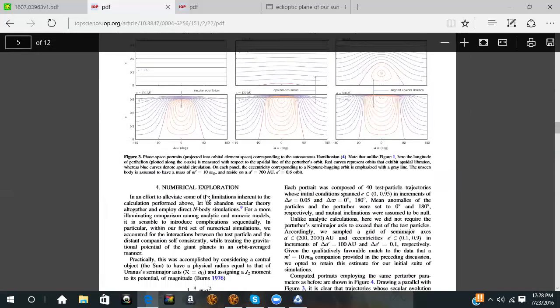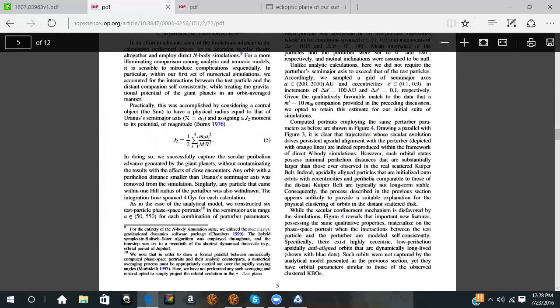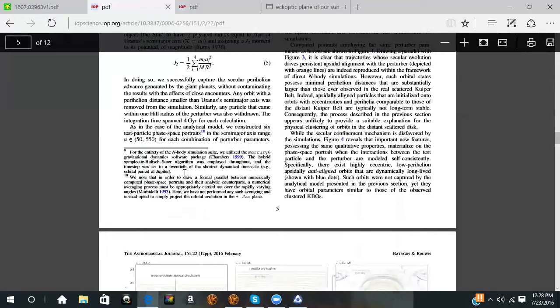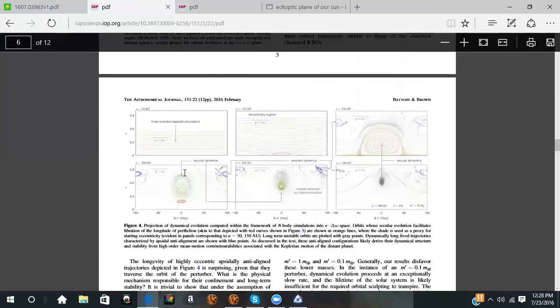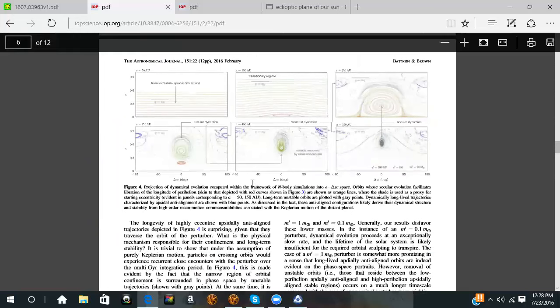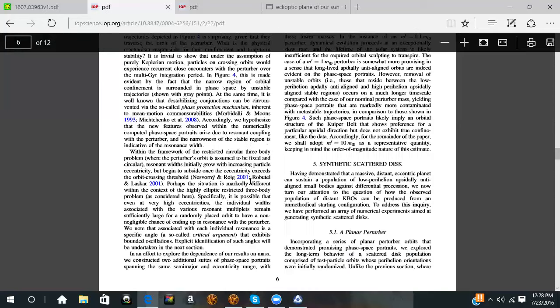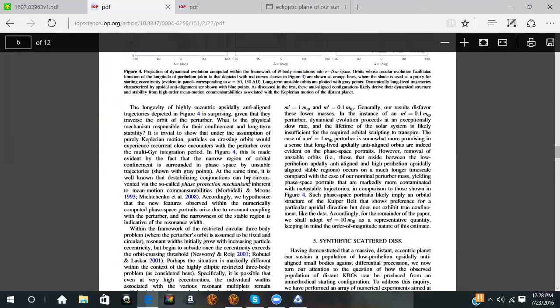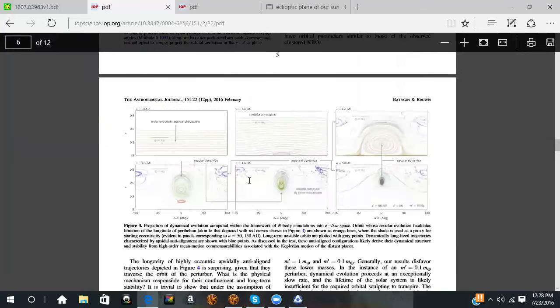So they know that the perihelion distance is about 250 astronomical units. So 250 times the Earth's sun distance. Some more charts showing you clustering and secular dynamics and gravitational pulls, things like that. I'll go ahead and freeze on that for one more second here.